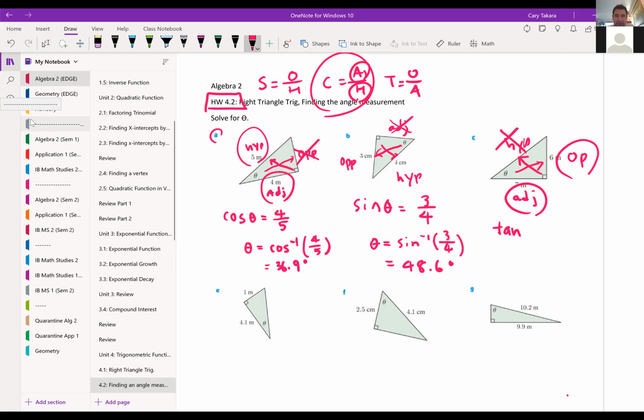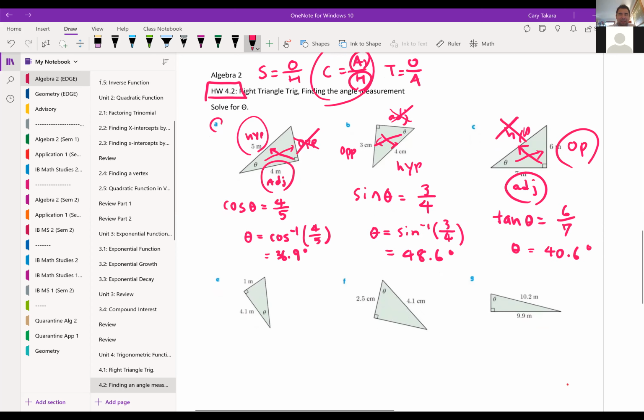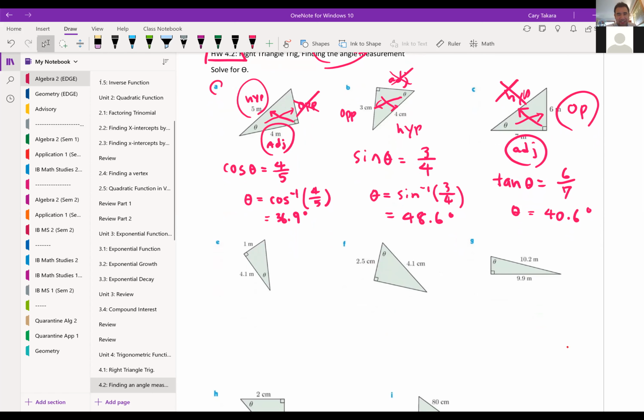Tangent of theta equals 6/7, opposite over adjacent. So theta is the inverse tangent of 6 divided by 7, which is 40.6 degrees. Skipping D, I'm sorry guys for the confusion.